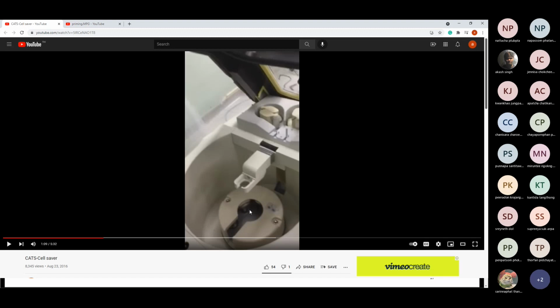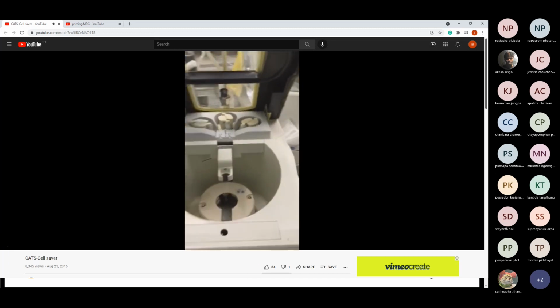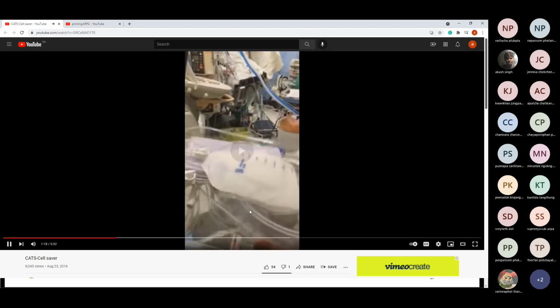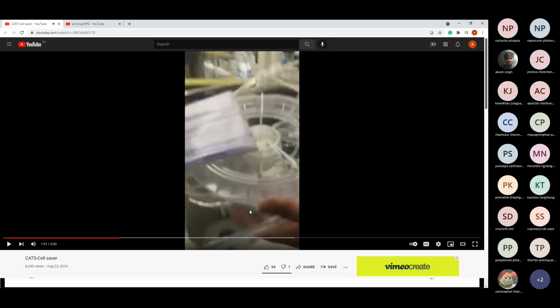So this machine might not be the same as what we see in the slide. Okay, you can see now there are transition bags. Here is the waste bag, and here is the bowl. As I say, it is not the same as in the slide, but it's the same principle. It just spins to separate the fluid into two parts.